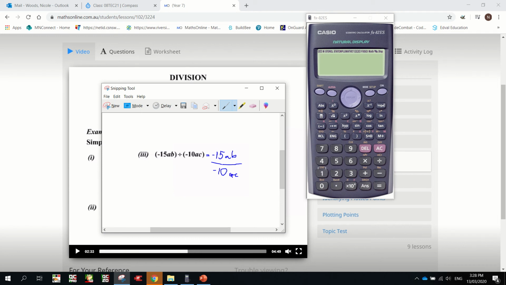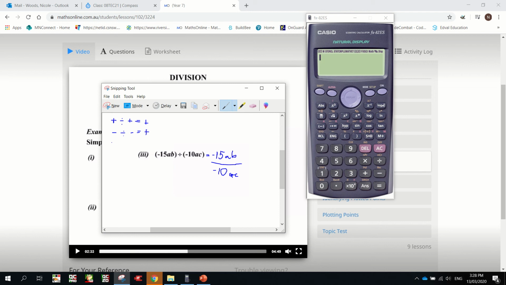Okay, now we know from what we've been doing in class, these tricks, or these rules, a positive divided by a positive gives us a positive, and we also know a negative divided by a negative will also give us a positive.